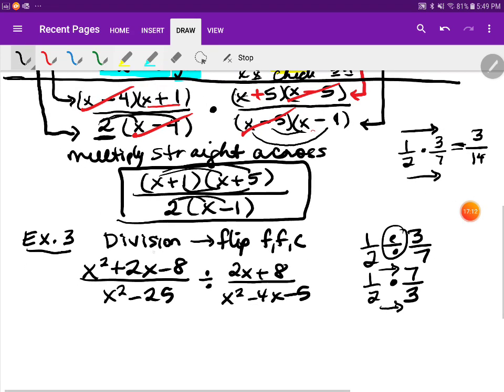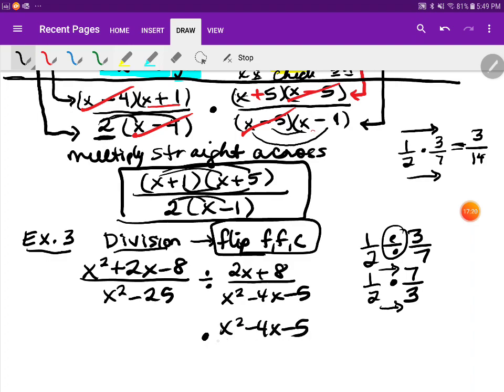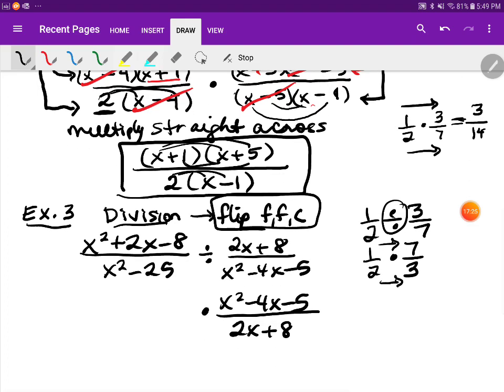For division, our goal is flip FFC. Which one do you flip? You flip the one after the division sign, and then you need to change it to a multiplication sign. The first one does not flip. The official name for flip is reciprocal.